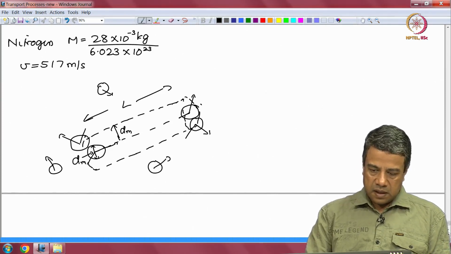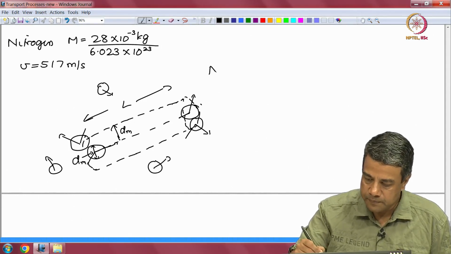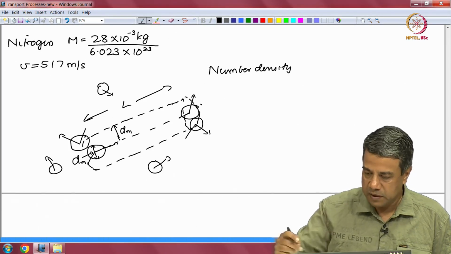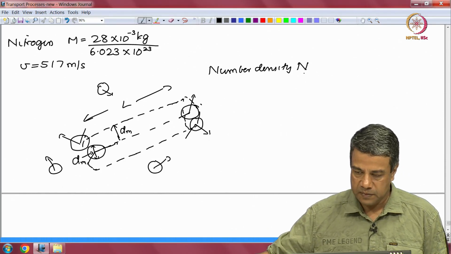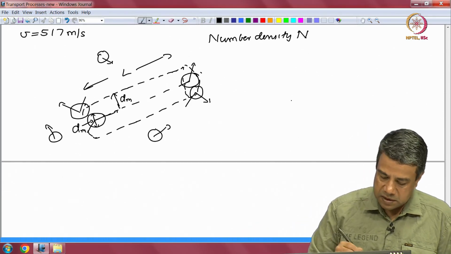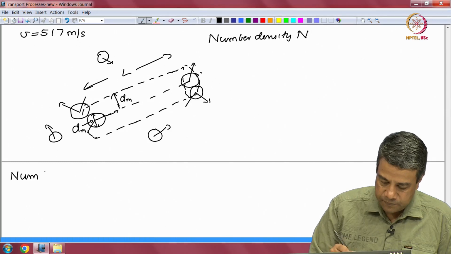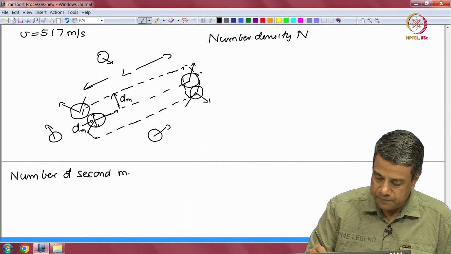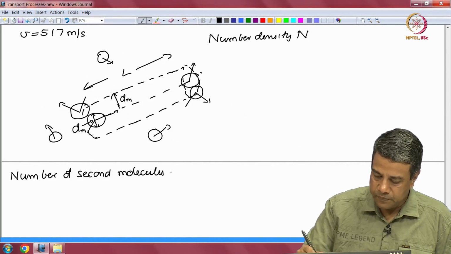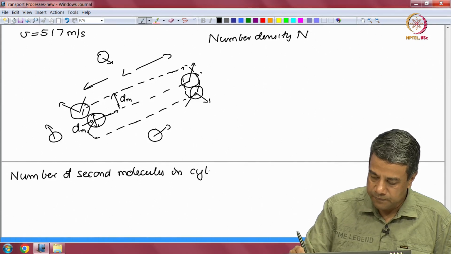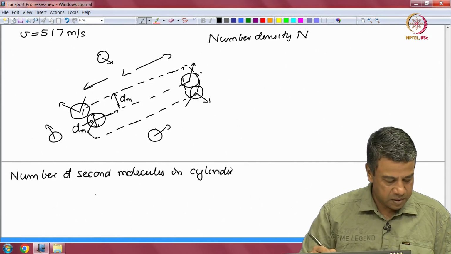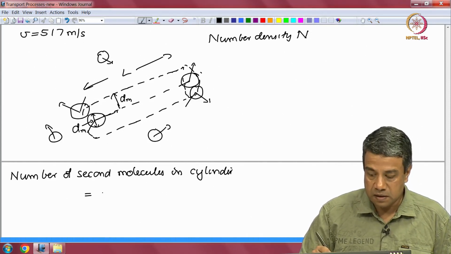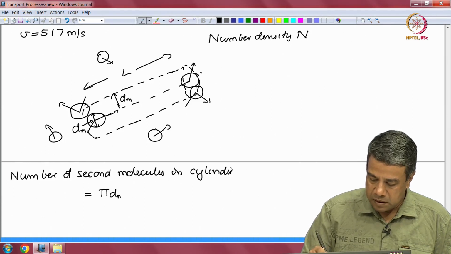And the number density of the molecules is n. What is the number of second molecules in the cylinder? The number of second molecules in the cylinder is going to be equal to the volume of the cylinder.